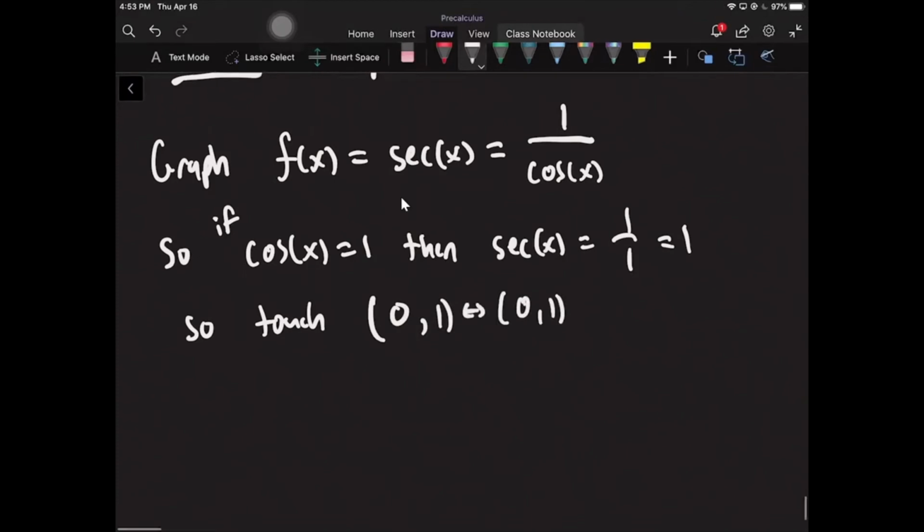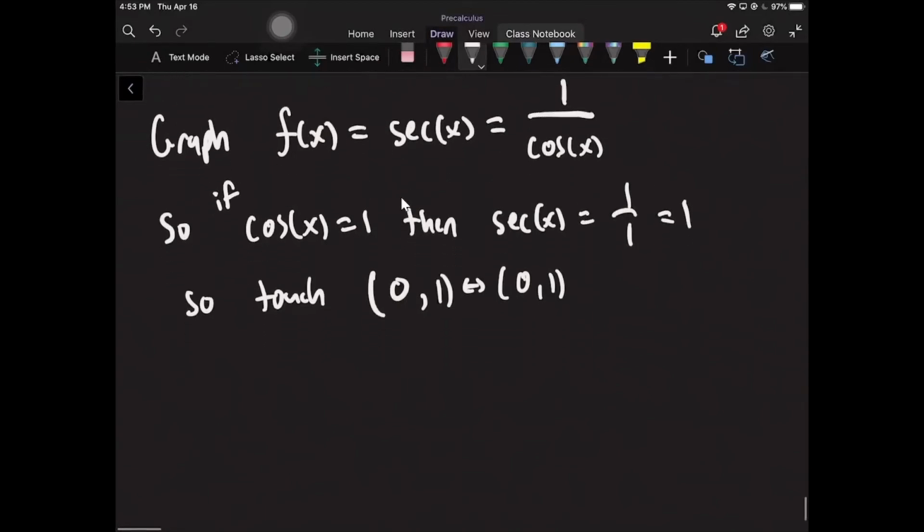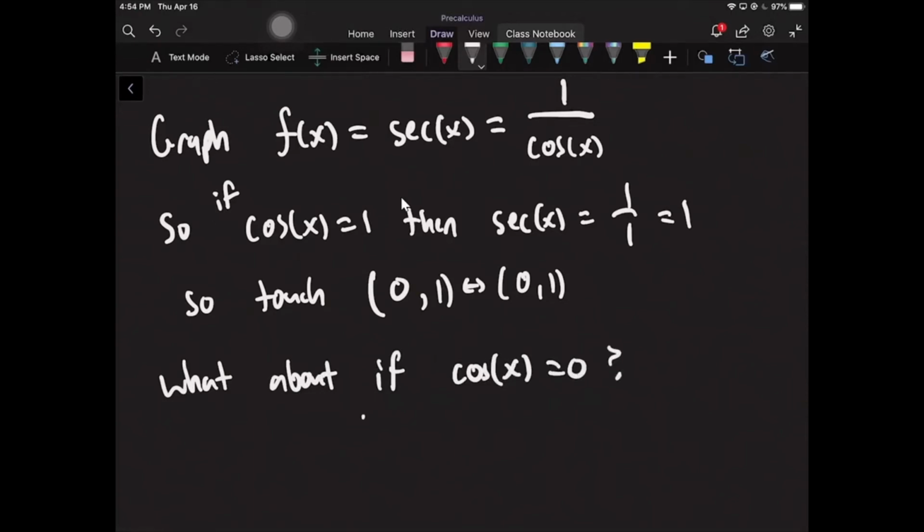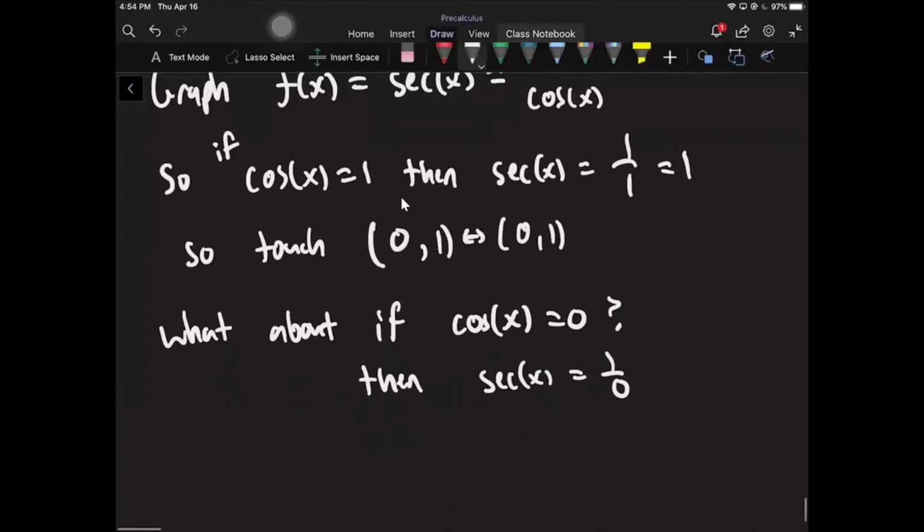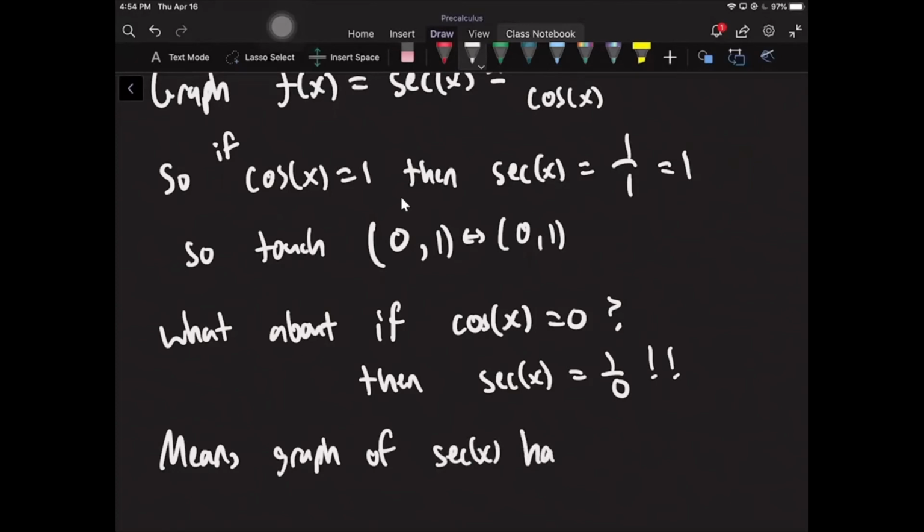So that's one thing. So what else happens? Well, what about if cosine of x is 0? Then something bad happens, because then secant of x is 1 divided by 0. And what does that mean? That means the graph of secant of x has a vertical asymptote.